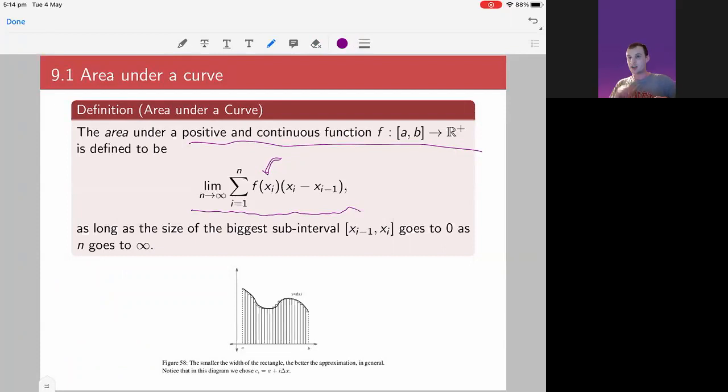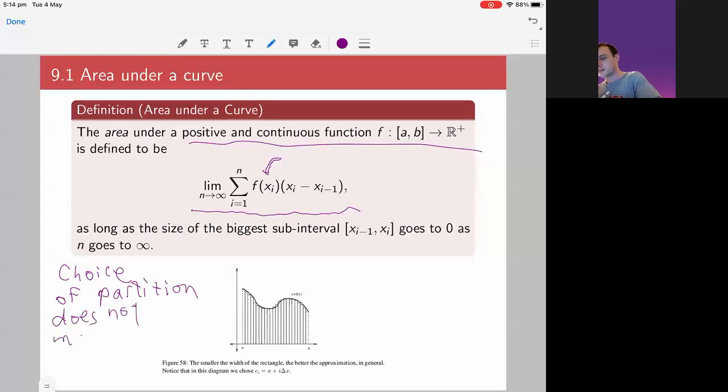And the other interesting thing is that there are actually a lot of ambiguities in this definition. The choice of partition doesn't actually matter. Well, why is this so interesting?